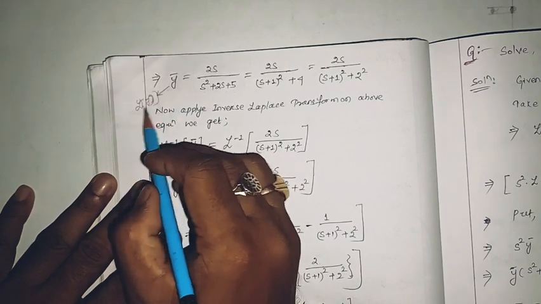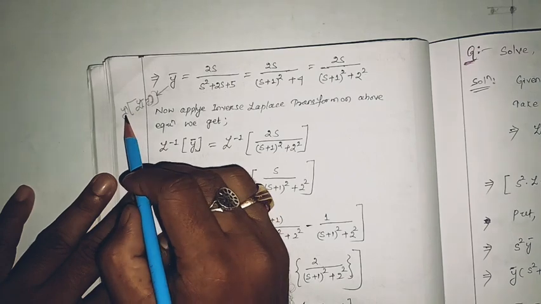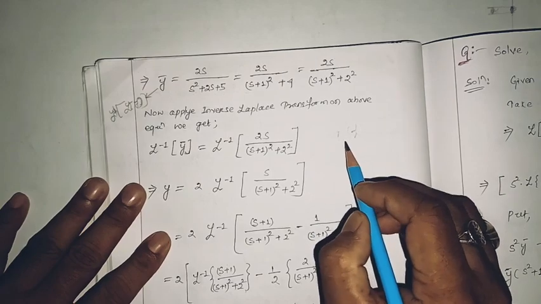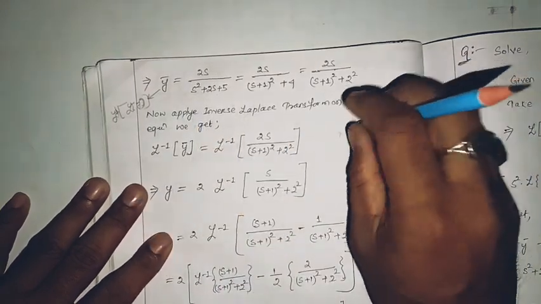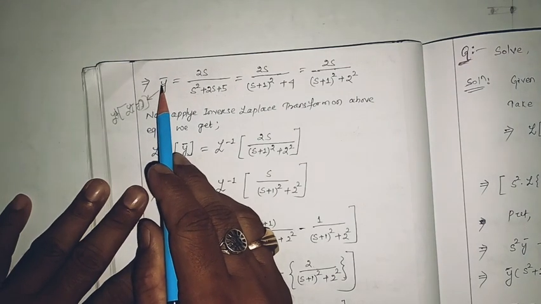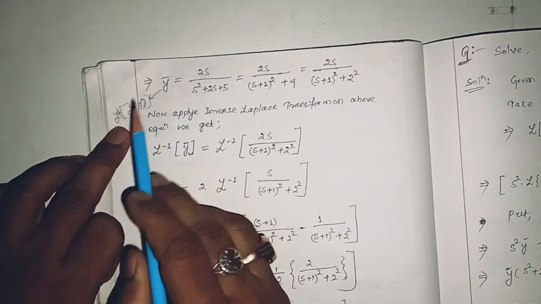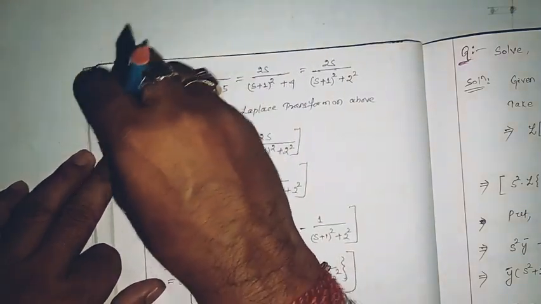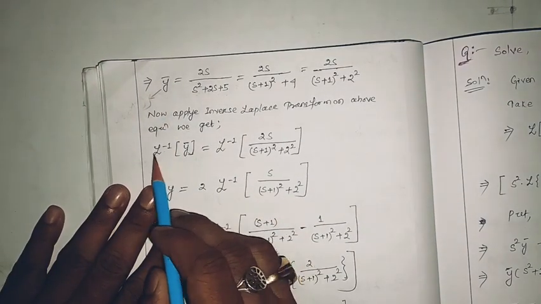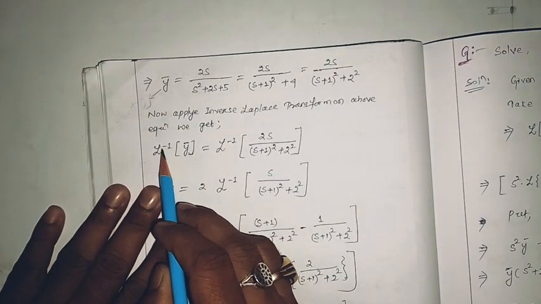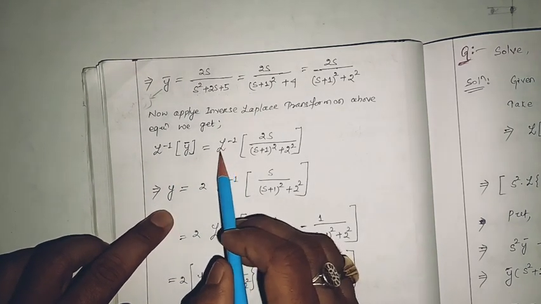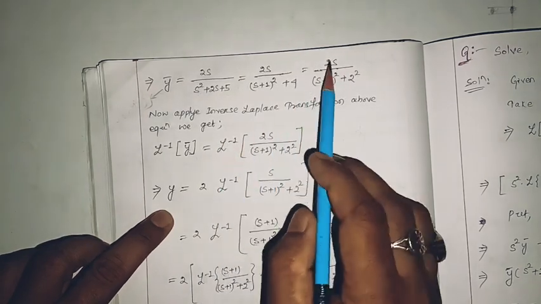If I apply the inverse Laplace transform again, the Laplace and inverse Laplace will get cancelled, like 1 by x into x gets cancelled. Similarly, the inverse Laplace transform of y bar gives y. So if we operate the inverse Laplace transform over this, we find only y.